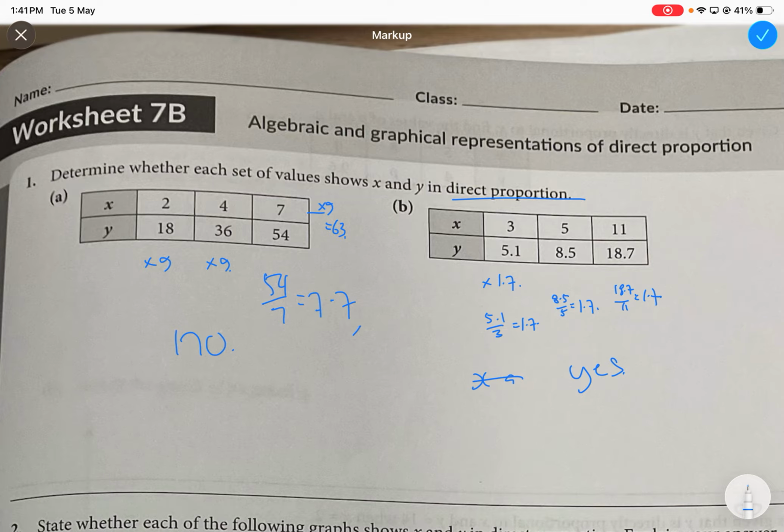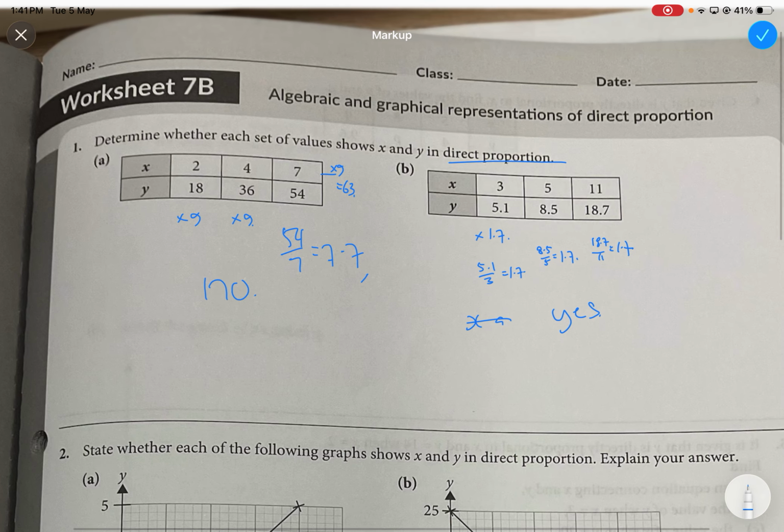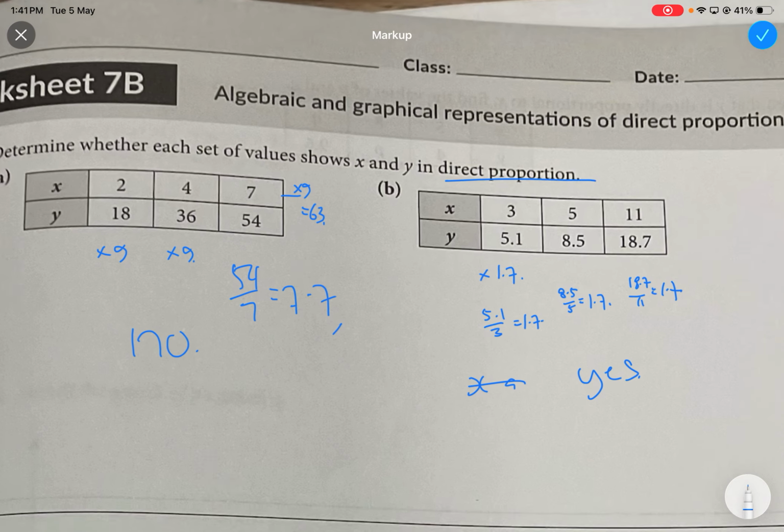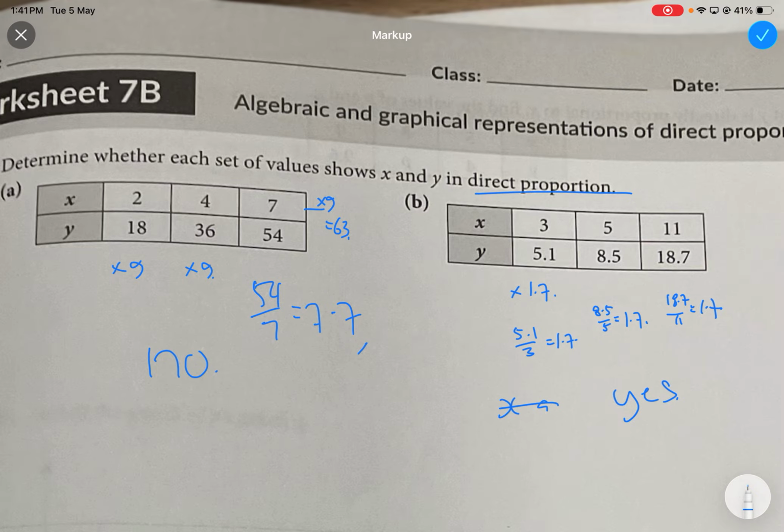That's why it is a no. That is what they are asking. Determine whether they show direct proportion. So after I show these numbers, I say no. After I show this number, all are 1.7, I say yes.